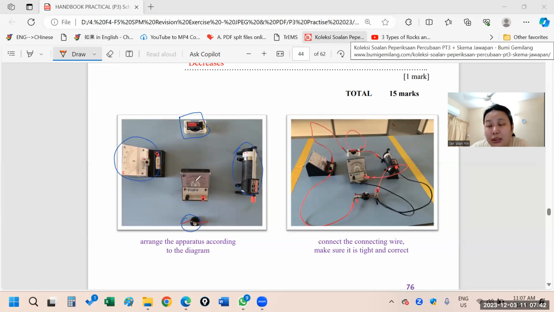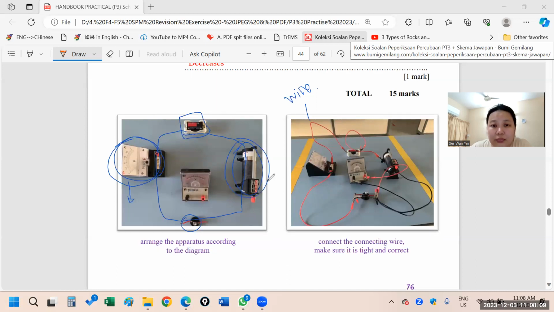Okay, voltmeter is always parallel, so we connect the series first. Black wire or red wire doesn't matter. They are all wires. So I encourage you to make the ammeter face you, even though you put it like this, but face you.